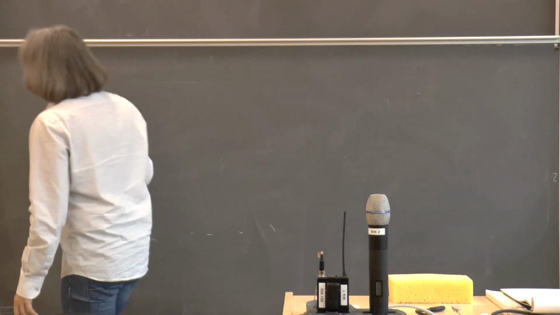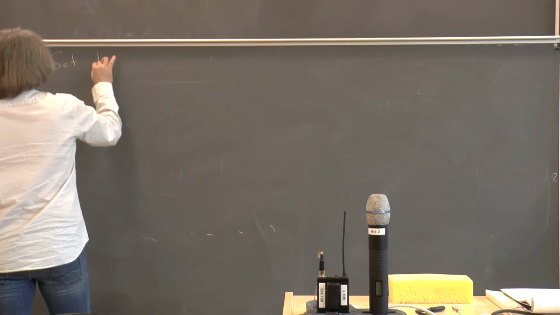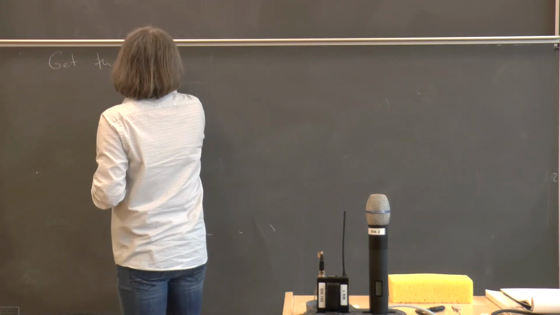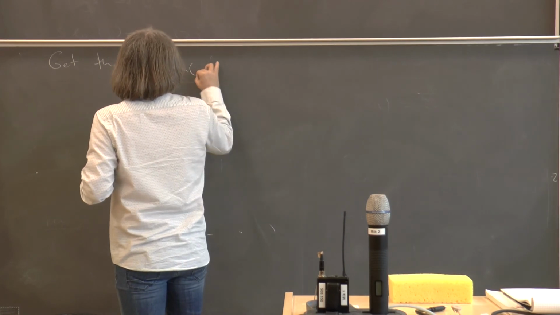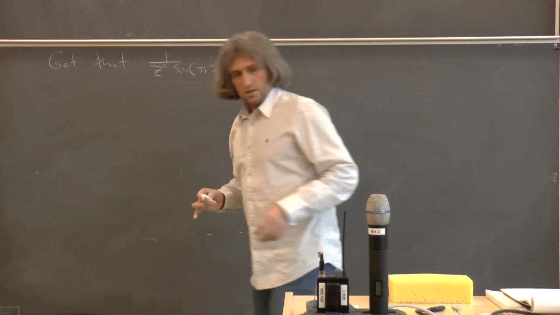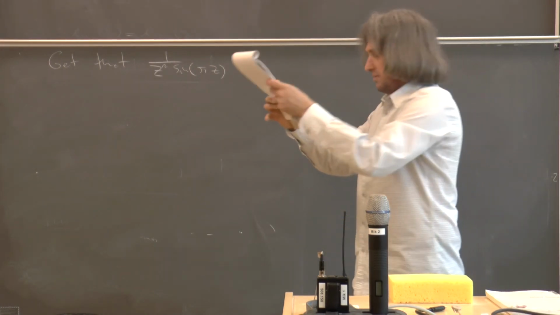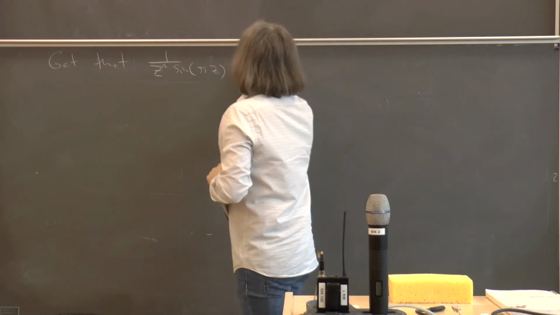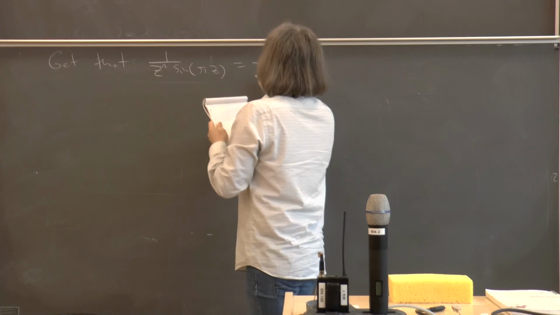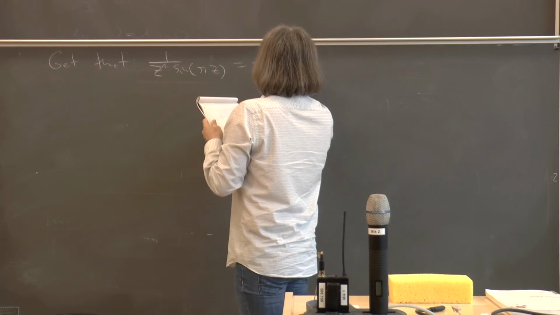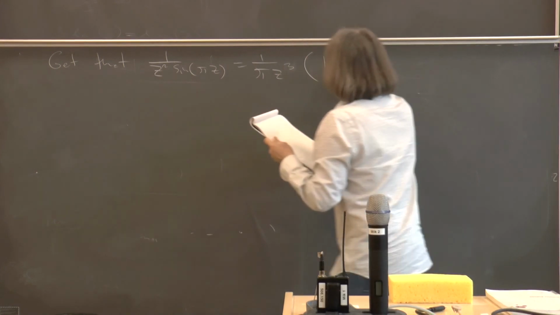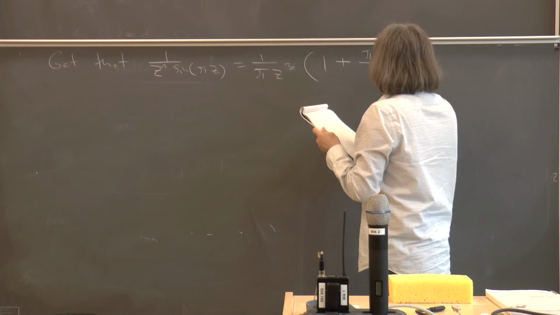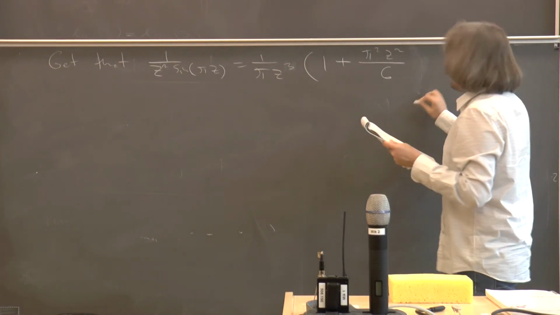So yeah, we get that 1 over z squared sine of pi z equals 1 over pi z cubed times 1 plus pi squared z squared over 6, and then so on.